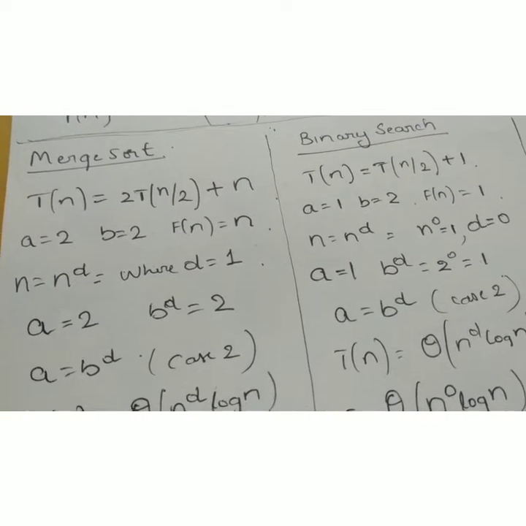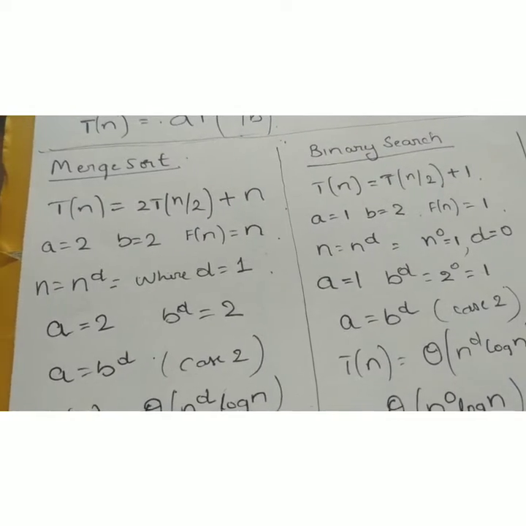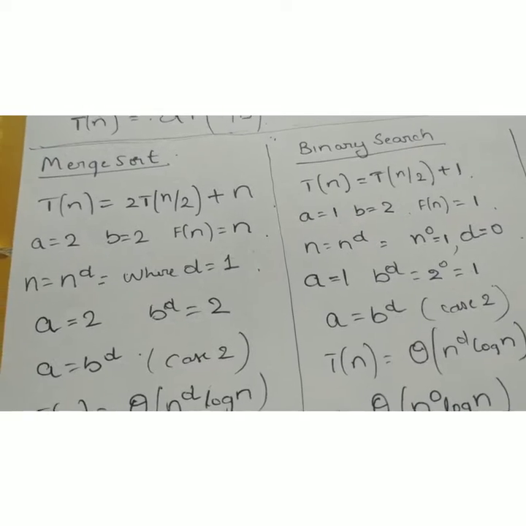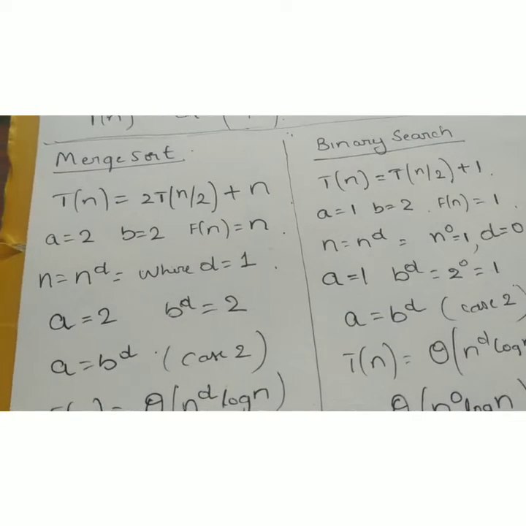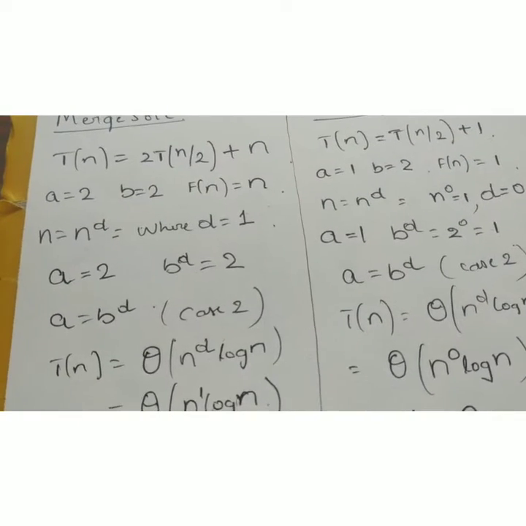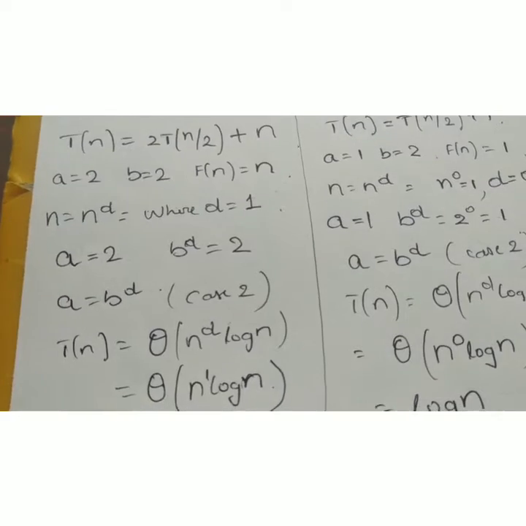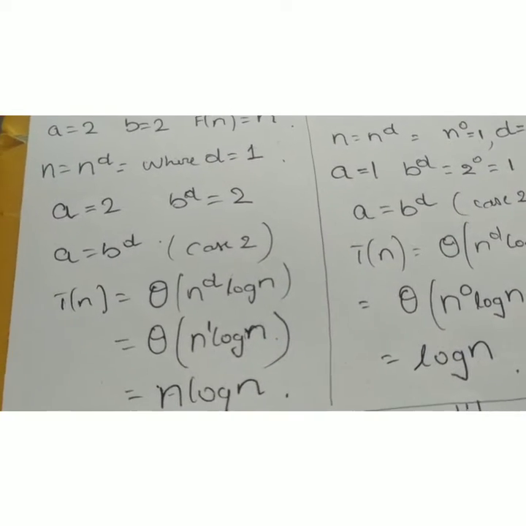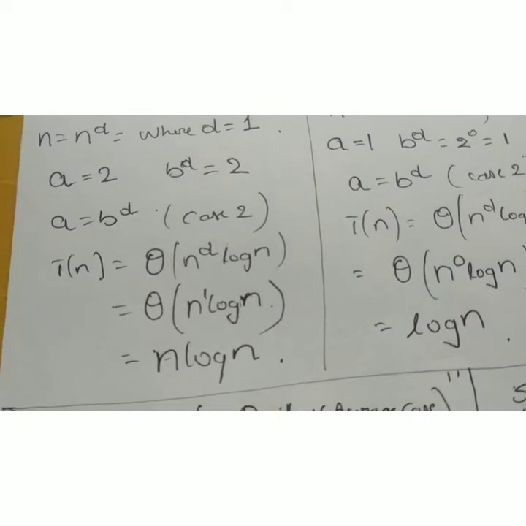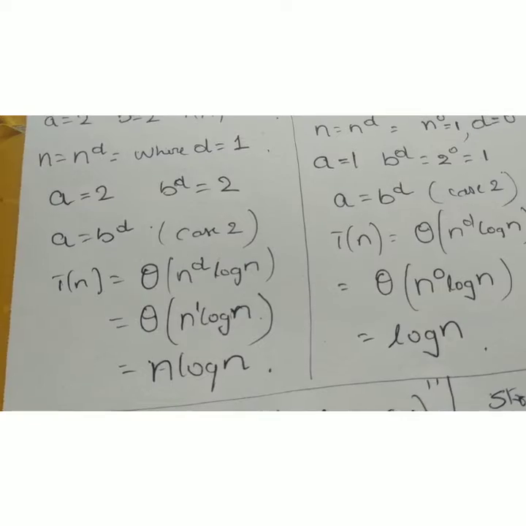This is possible when d is equal to 1, so n to the power of 1 is equal to n. Now the value of a is 2 and the value of b to the power of d is 2. If you compare a and b to the power of d, both are equal. So this belongs to case 2. In case 2, it is theta of n to the power of d log n, so it is theta of n log n.